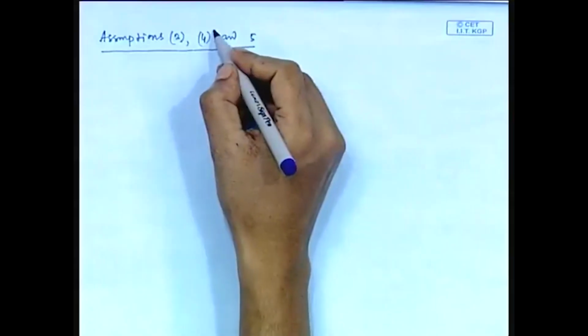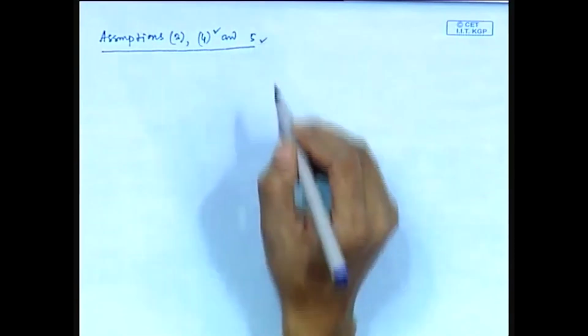Fourth assumption is there is no vapor hold up; vapor hold up is negligible on each tray. And fifth assumption is if 1 mole of vapor condenses, at the same time 1 mole of liquid evaporates.